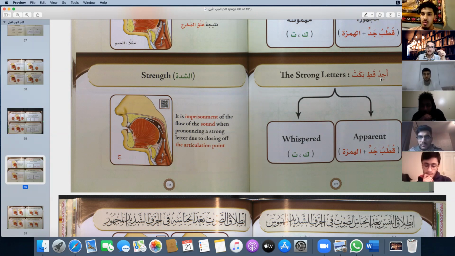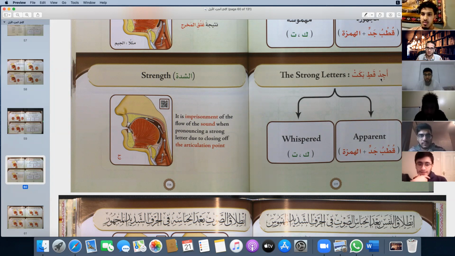Qi. Aq. Qi. Don't say ki. Qi. Aq. Ta, tu, ti, at. Qi, don't say ti. Qi. At. Ba, bu, bi, ab. Ka, ku, ki, ak.